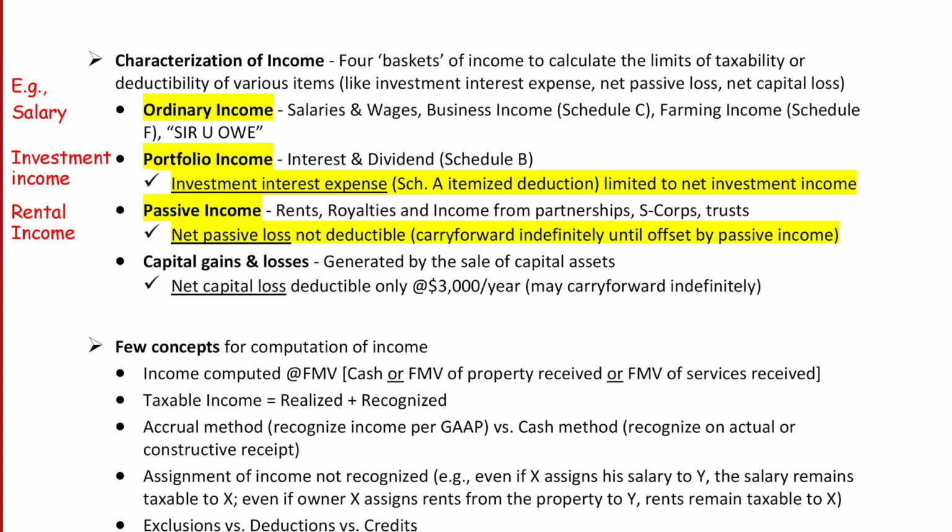And then we've got, highlight, the capital gains and losses basket. For example, write sale of property, where we have a limitation for net capital loss. Highlight net capital loss is deductible only at $3,000 per year. May of course carry forward indefinitely.